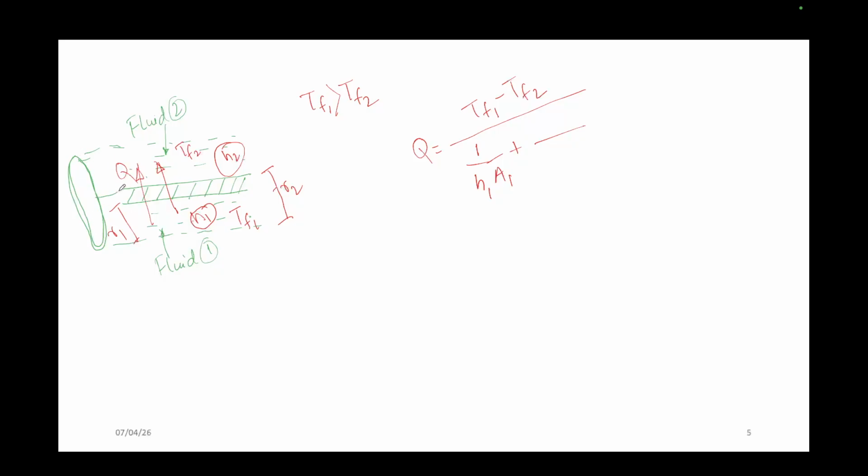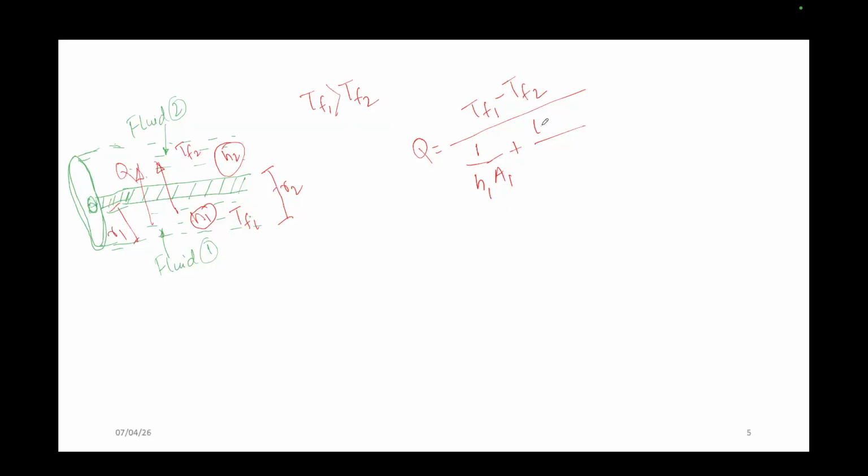This one is a small cylindrical pipe. So now, the heat transfer should be from a cylindrical perspective. You remember this thing?